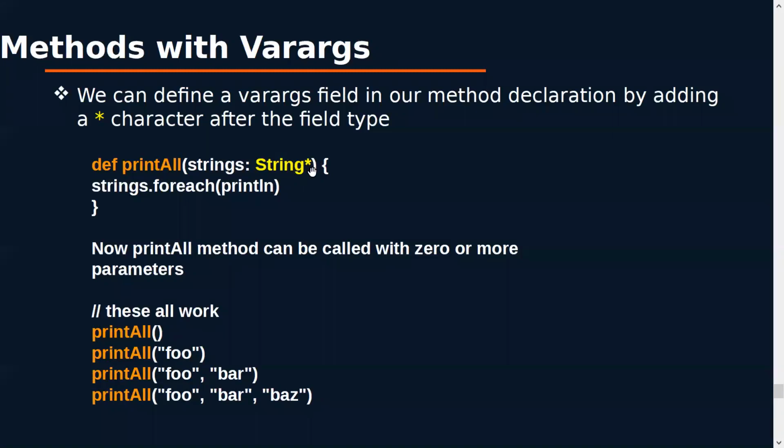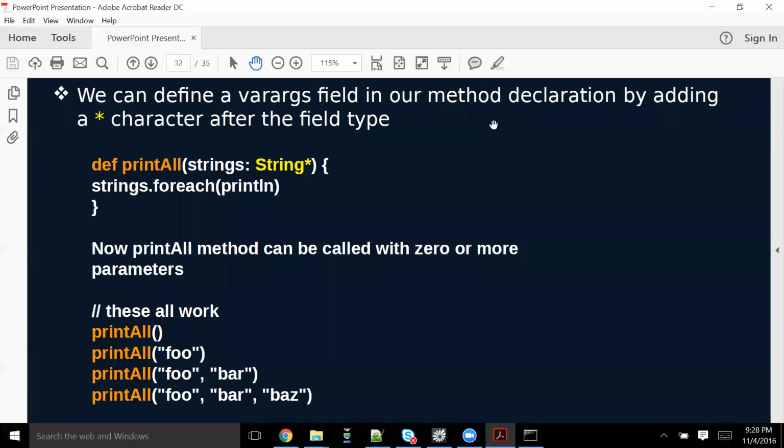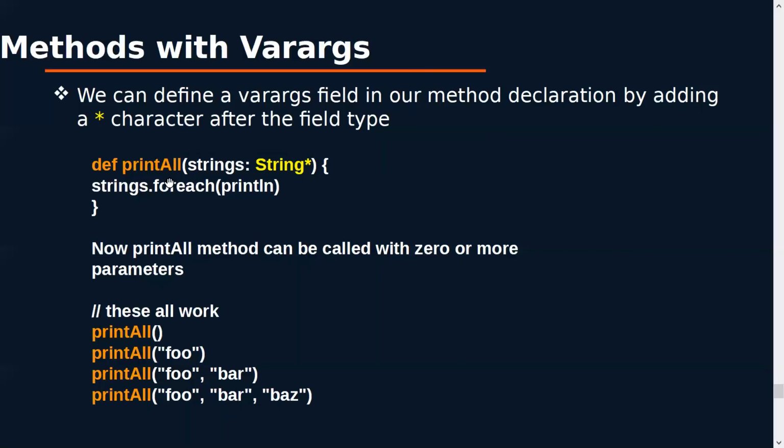Now, if you specify the star there, this combination of strings colon String type can be any number of occurrences. Star means the same as in Unix, either 0 or more. If there is more than one value, you can treat that like an array or as a collection. Since we didn't talk about collections, that's why I'm giving you an array name.